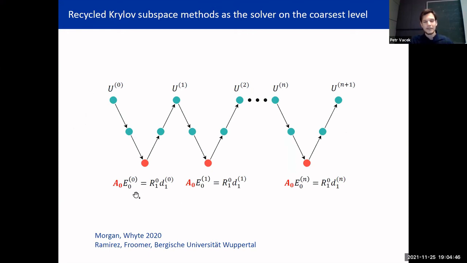On the coarsest level, throughout the V-cycle method, we are solving systems with the same matrix, and only the right-hand sides are changing. And the idea of recycling is to reuse information obtained when solving the first system to speed up the solution of the second system, and so on.